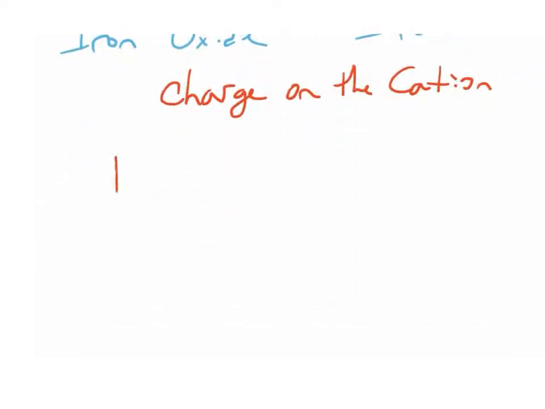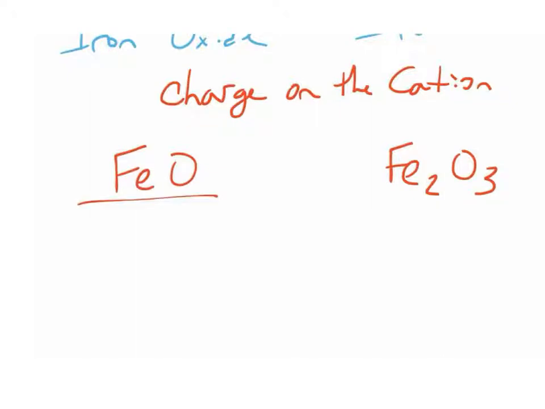And so, let's begin with FeO, iron oxide, and the other one is Fe2O3, iron oxide. The one on the left. If you look at the non-metal, and this is true of all nonmetals, you always know the nonmetal's charge. It never changes. Metals have a tendency to change, especially if they're transition metals.